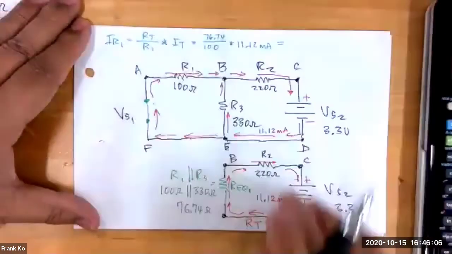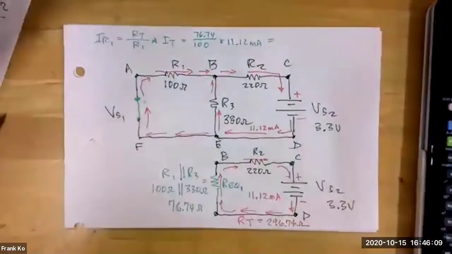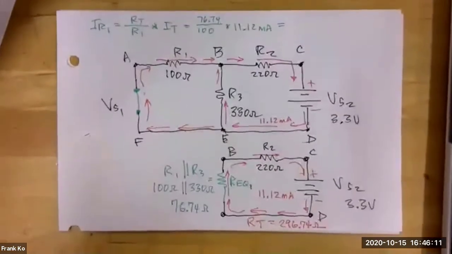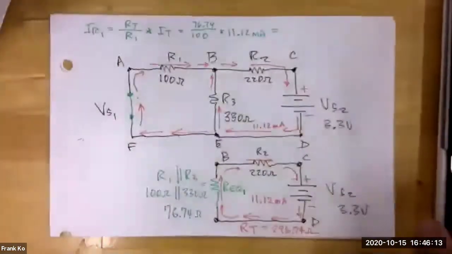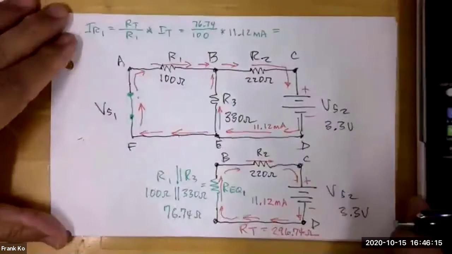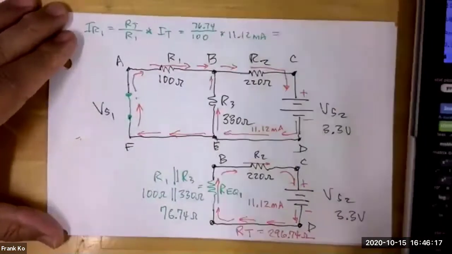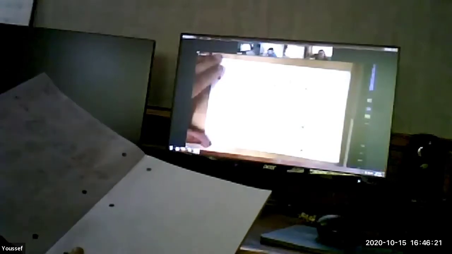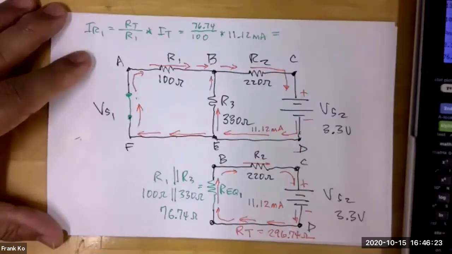And so your calculated current as a result of all of this, Yusuf, what do you have there, my friend? Are we on resistor 1? Yeah, the current through resistor number 1. 8.53 milliamps.